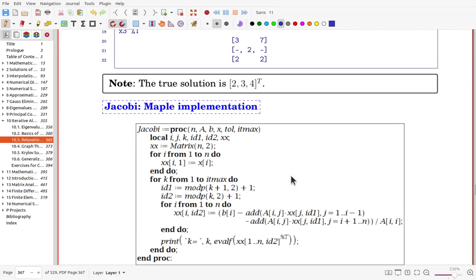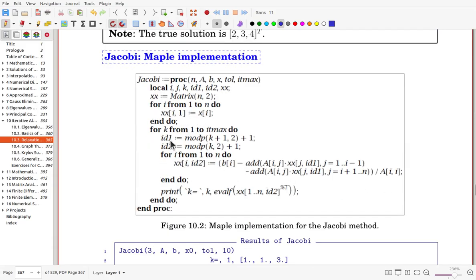We can implement the Jacobi method systematically here. Now in the iteration, k from 1 to the maximum iteration. In the beginning, the solution is initialized in the first copy. We make 2 copies of the solution. Once k is 1, ID 1 is (k plus 1) which is 2, modulo 2 will be 0, plus 1 is 1.